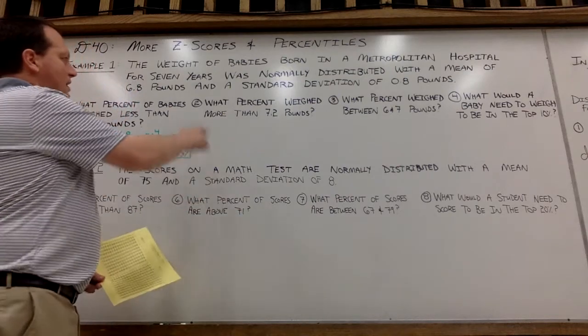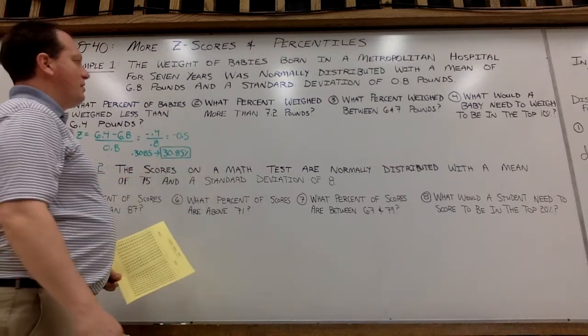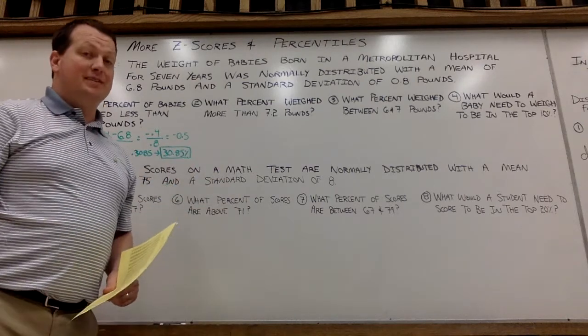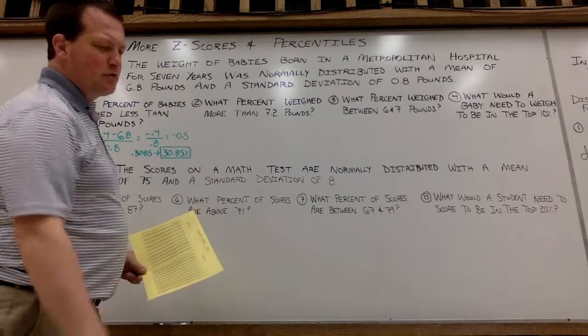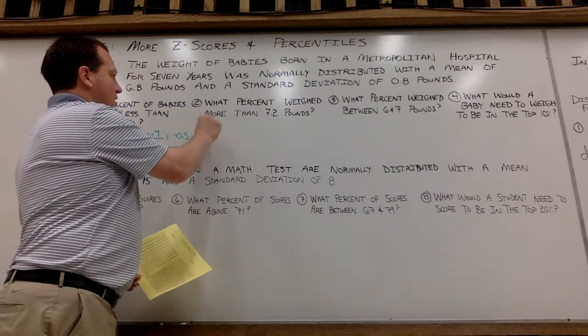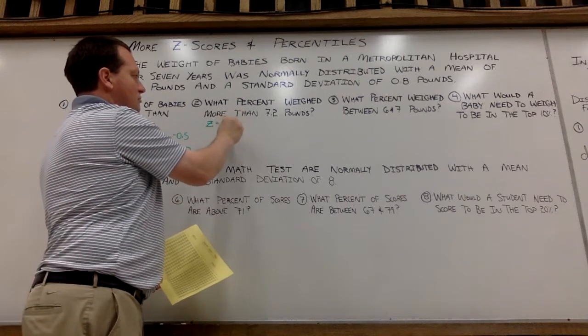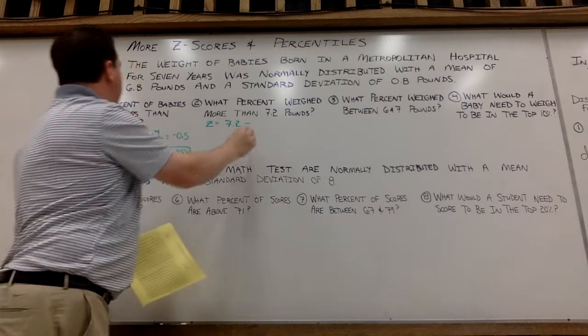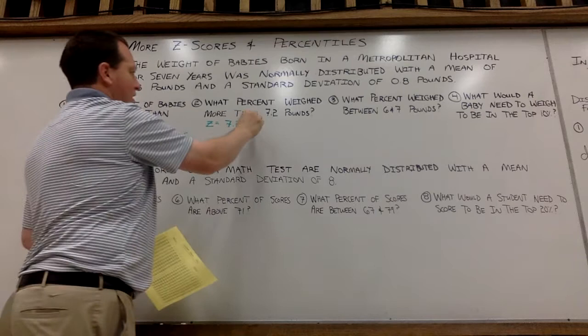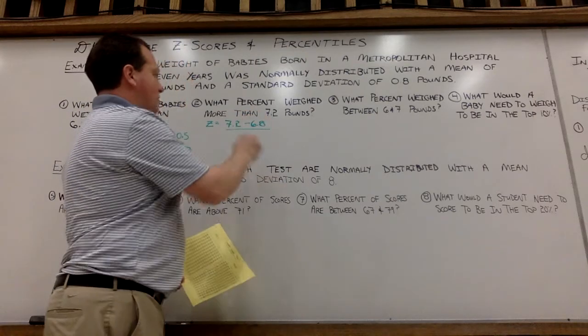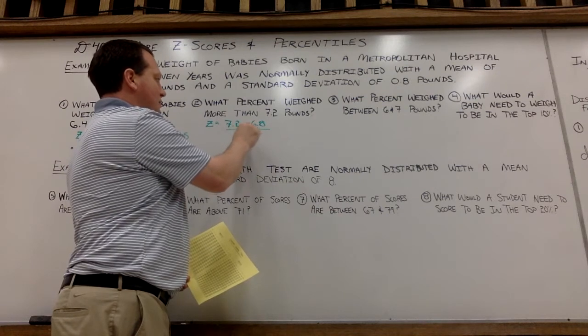What happens, like in example 2, when you want to find the percent of babies that weighed more than 7.2 pounds? One extra step here. So my first step to find the z-score, I'm going to take the observation, 7.2 minus the mean, 6.8, divided by the standard deviation of 0.8.